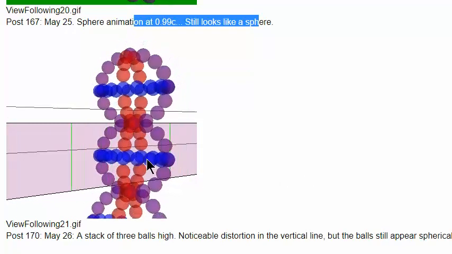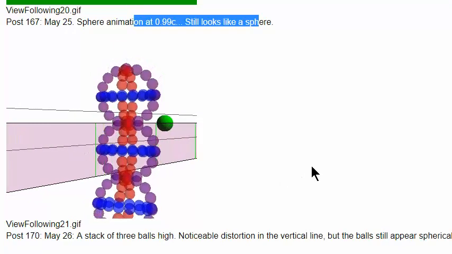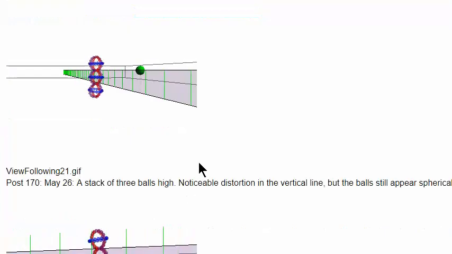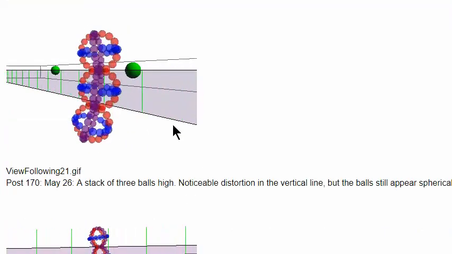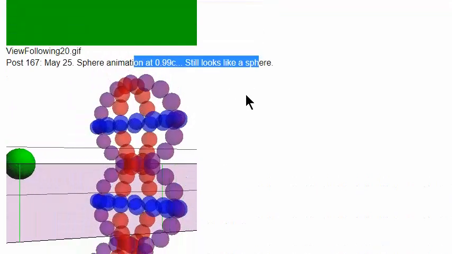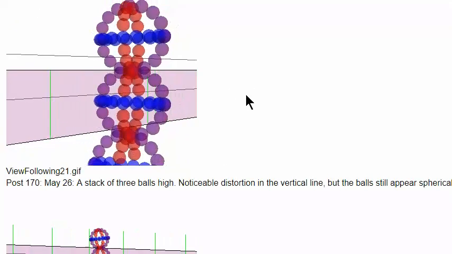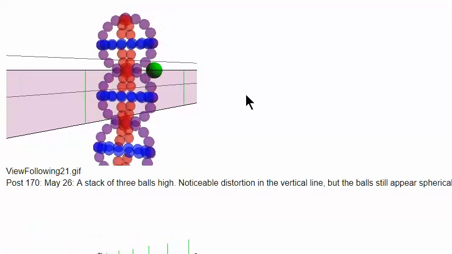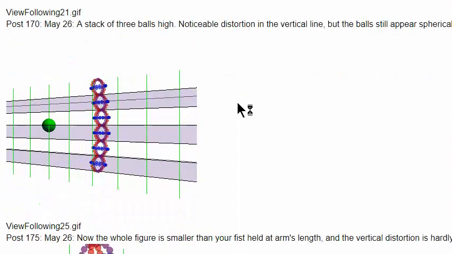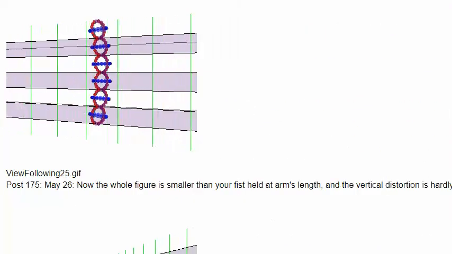The actual individual spheres were just using the internal Mathematica representation of a sphere, but the actual coordinates of the centers of each sphere were done with Lorentz transformations. So you can see that the actual spheres do continue to look like spheres.